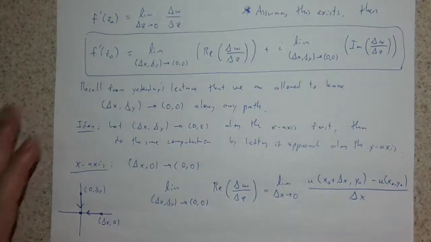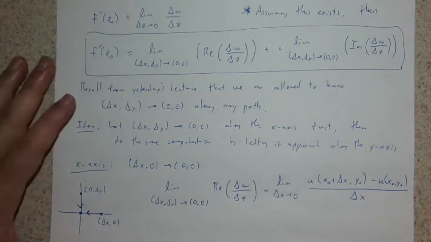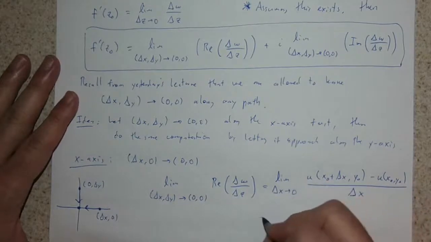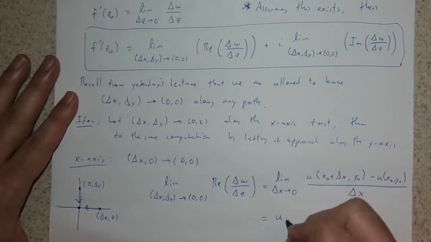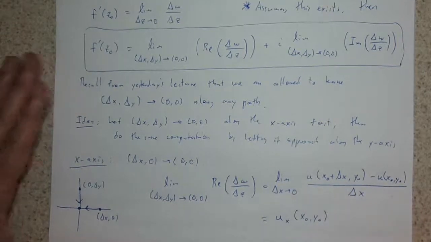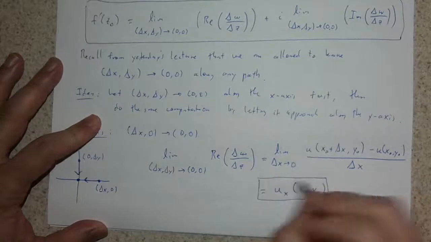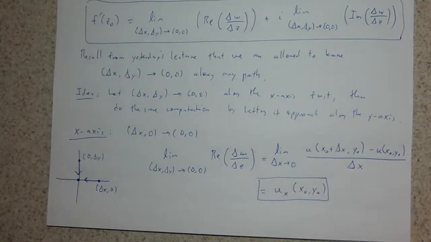What is this? You've actually seen this expression before in Calc 3, right? Well, this is just u sub x at (x naught, y naught), which is one way of writing the x partial of u.